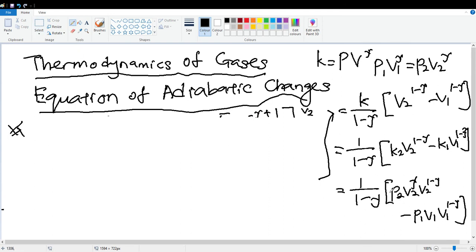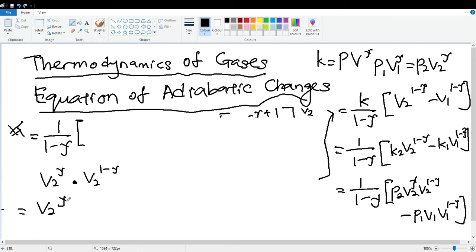So from here it is equal to 1 over 1 minus gamma. Based on the law of indices, V2 to the power of gamma times V2 to the power of 1 minus gamma means the power is gamma plus 1 minus gamma.